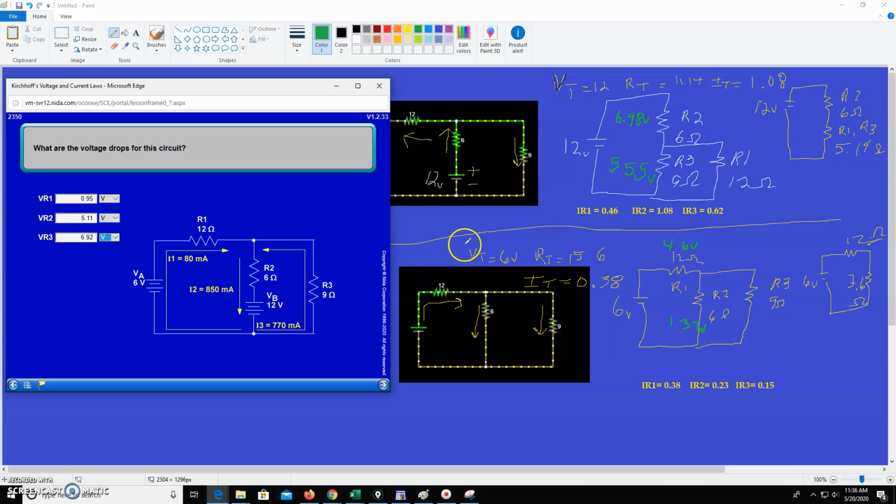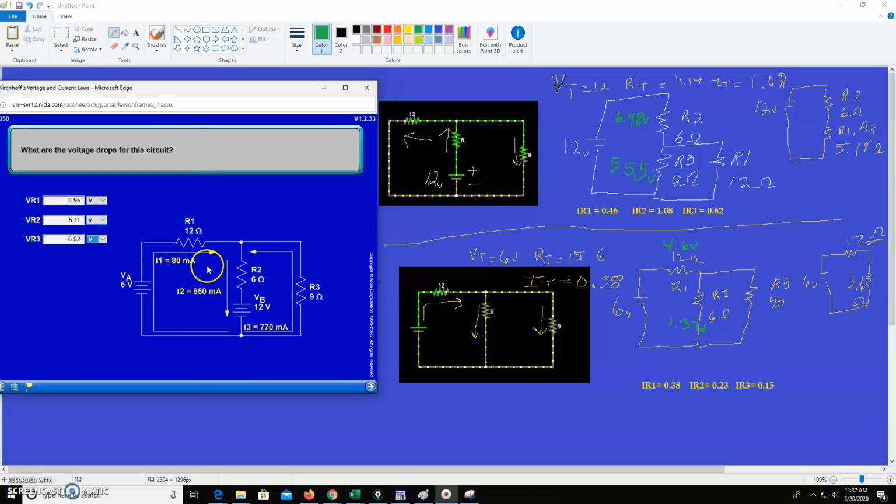So we got 80 milliamps it's showing. These are given to us. So we've got 0.46 and 0.38. Remember, those opposed. So 0.46 minus 0.38 equals 0.08 amps or 80 milliamps.